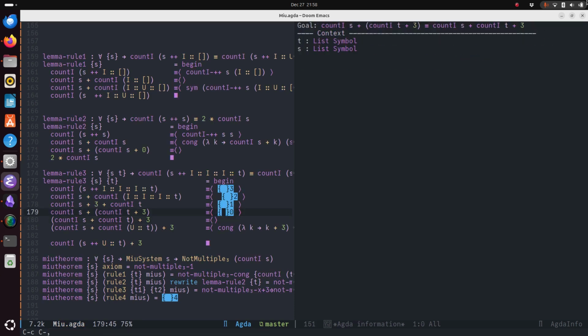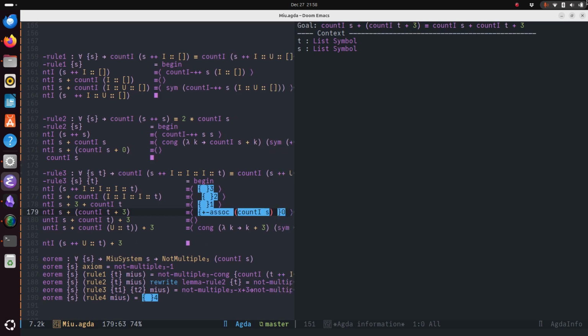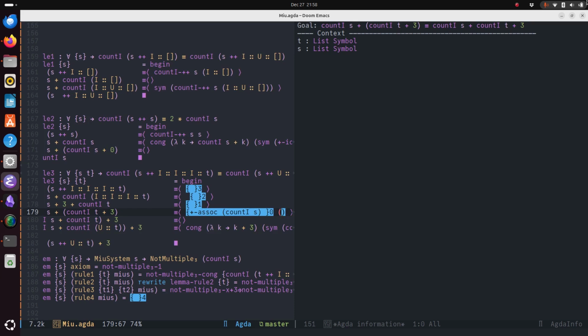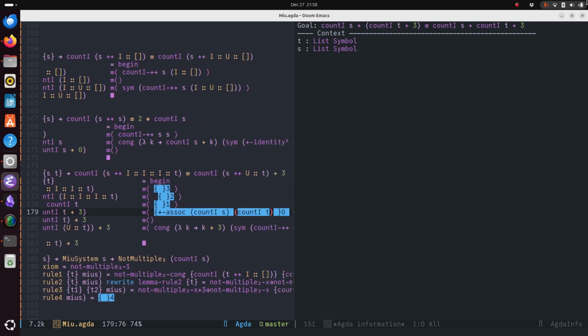Now, this is the associative property of addition. So we should be able to use this. Count I of S, count I of T, count I of T and 3.